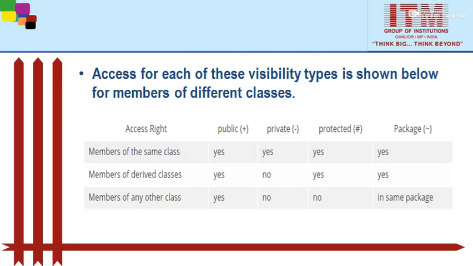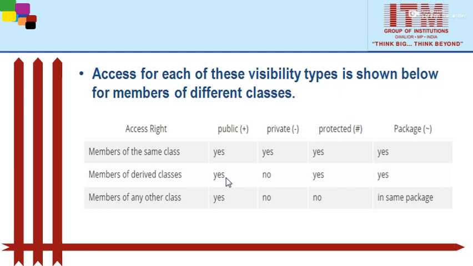So, if you look at this representation, you find that access for these visibility types is shown like this. As you can see here, for a member of the same class, if public, then it is accessible; if private, then it is accessible in the same class; if protected, then it is also accessible in the same class. We cannot discuss the things about package here.